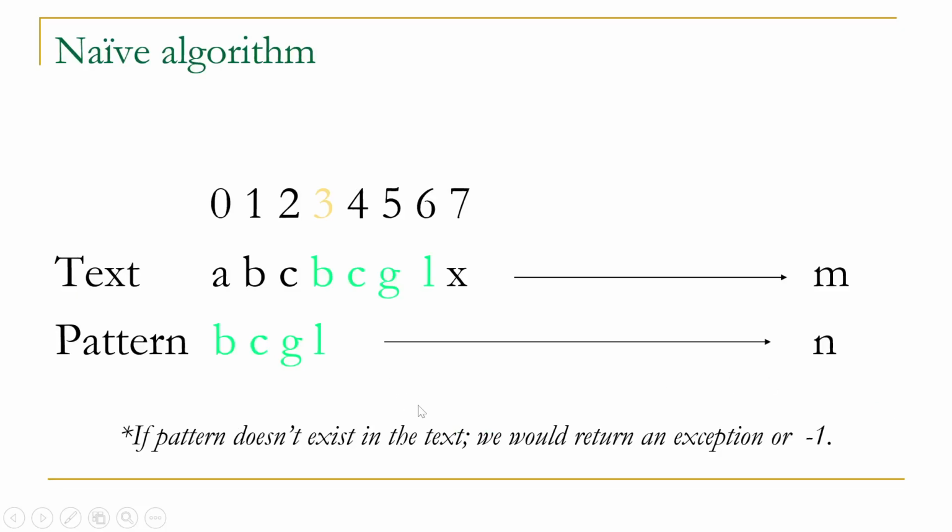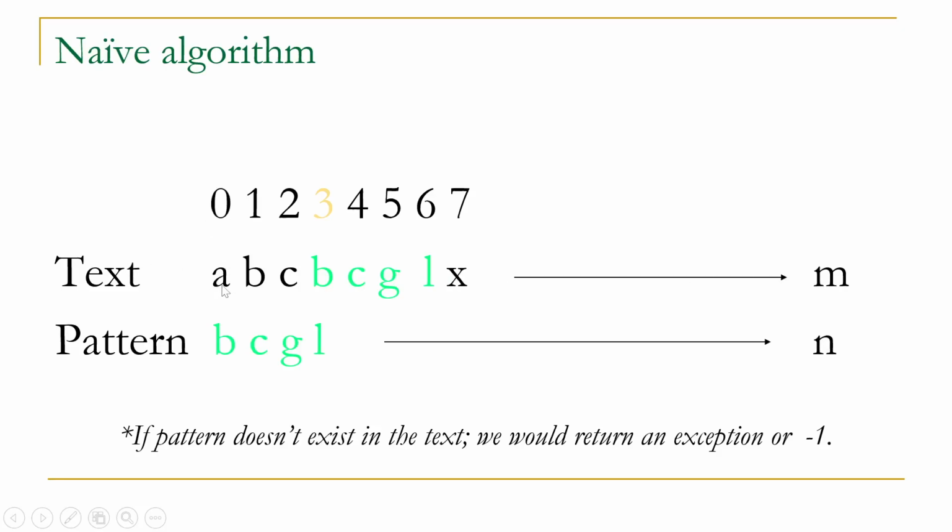In basic string matching, the basic algorithm is the naive algorithm. Here this is the text and this is the index, and we have to match this pattern, whose length is n, and the text length is m.